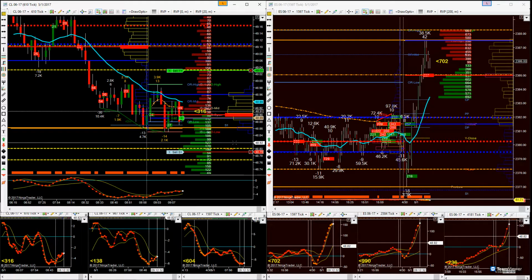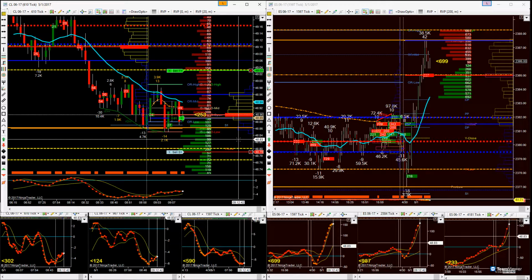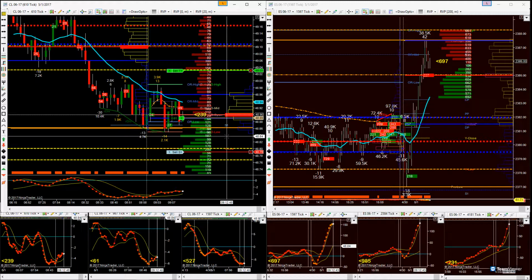So I don't like that the sellers are still adding on to the offer here. We're trading the offer, which is good, but the sellers keep adding contracts, which is not good. I do like the shape of the BBs.